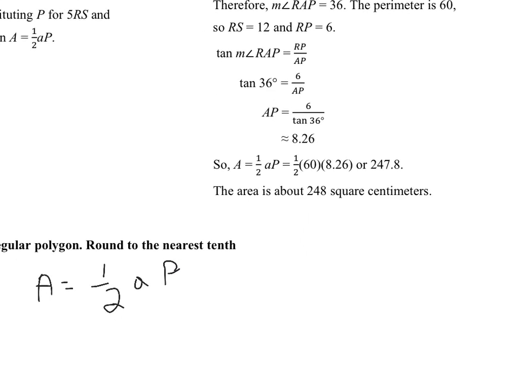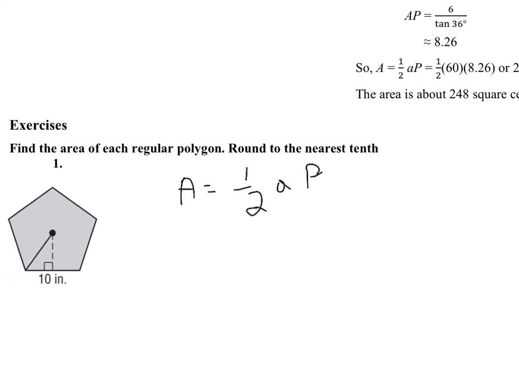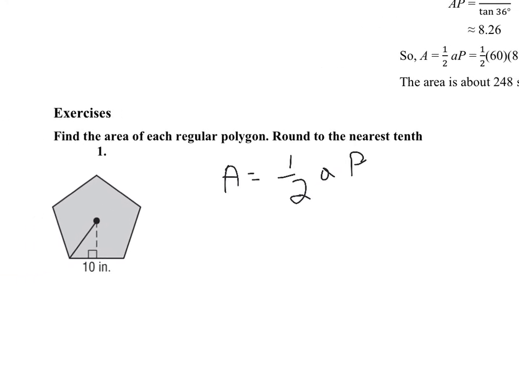So let's go to the problem again. In question number one, maybe let's start in a different way. Let's first find the perimeter, because perimeter is easy. This is a pentagon, 1, 2, 3, 4, 5, so it will be 5 times 10. So the perimeter is 50 units.